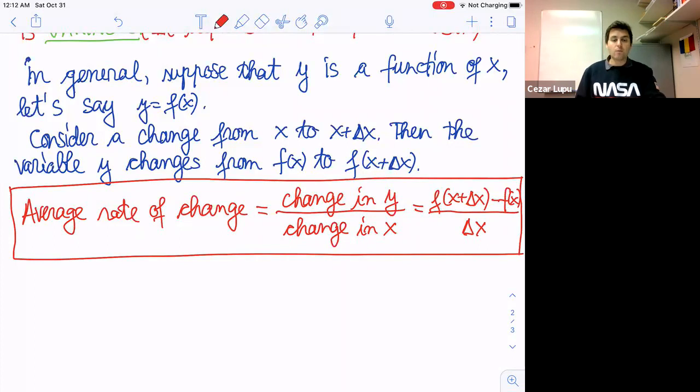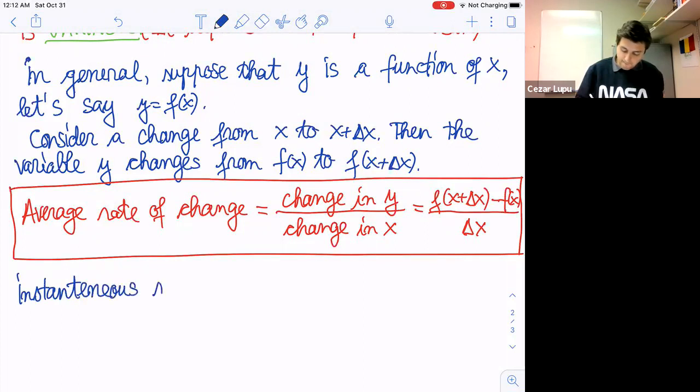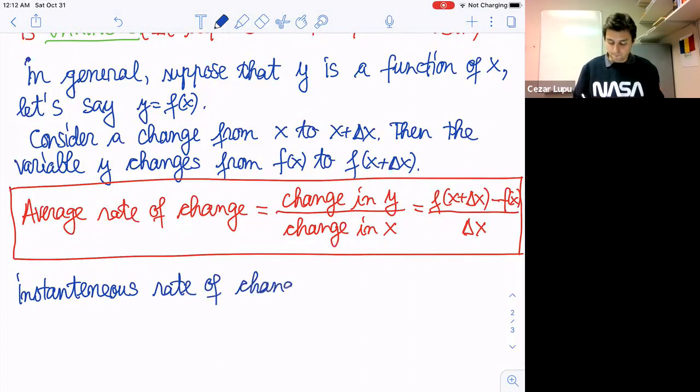Okay, now we would like to see what we mean by the instantaneous rate of change. We would like to talk about this. Rate of change, okay. So let's see what happens in this case with the instantaneous rate of change.